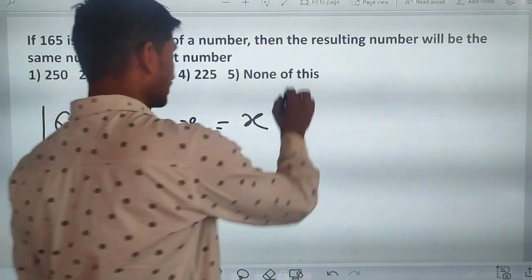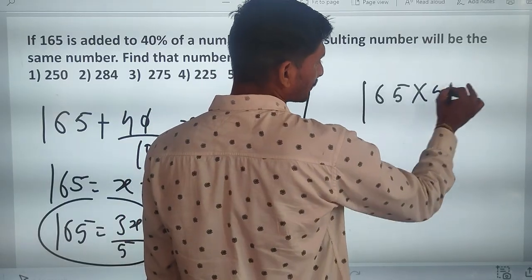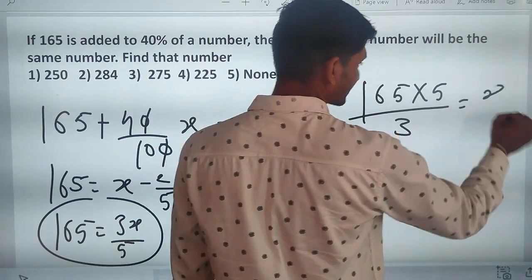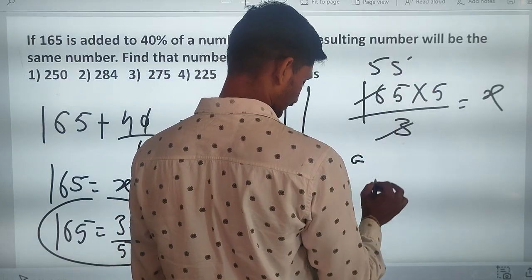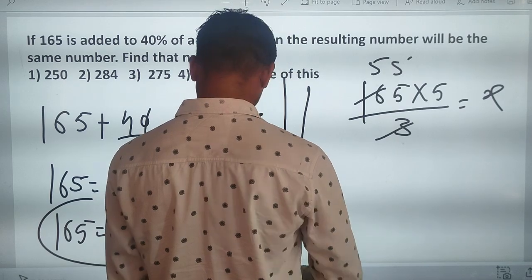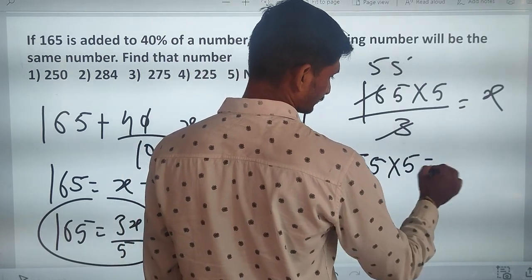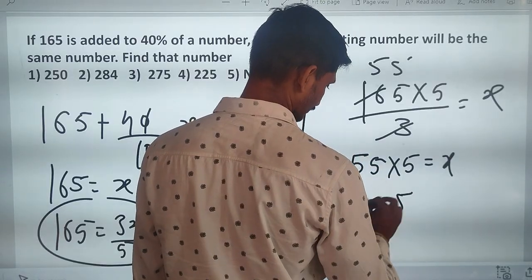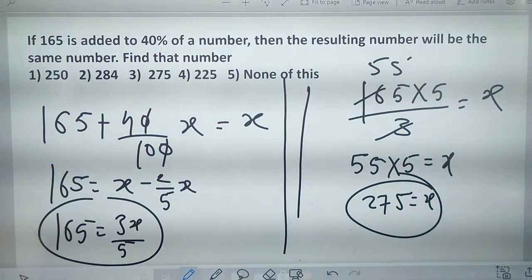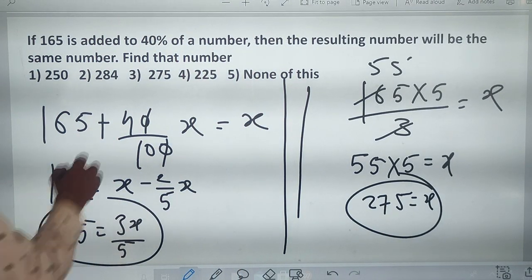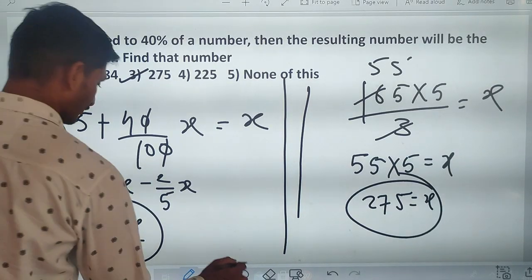Now here we solve this. Then 165 into 5 divided by 3 is equal to x. X is equal to 275. Now your answer is 275. This number is 275.